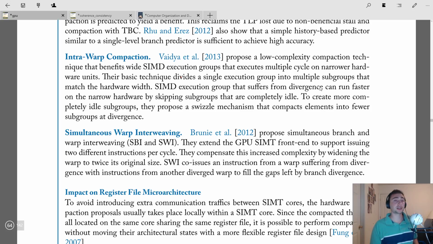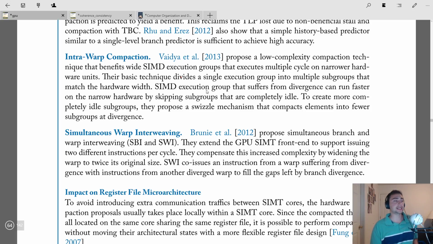But this requires something, right? Because we're not guaranteed that we'll have contiguous threads that are necessarily going down the same path. So each thread, again, can still go any path it likes. The programmer sees them as completely independent, schedulable things, even if the hardware is more tied in SIMD fashion.